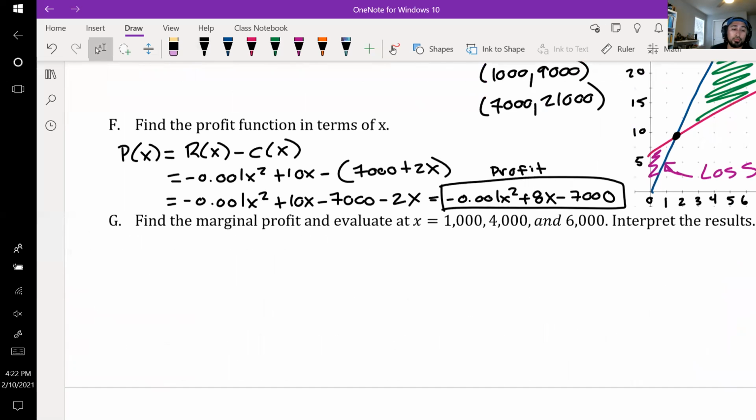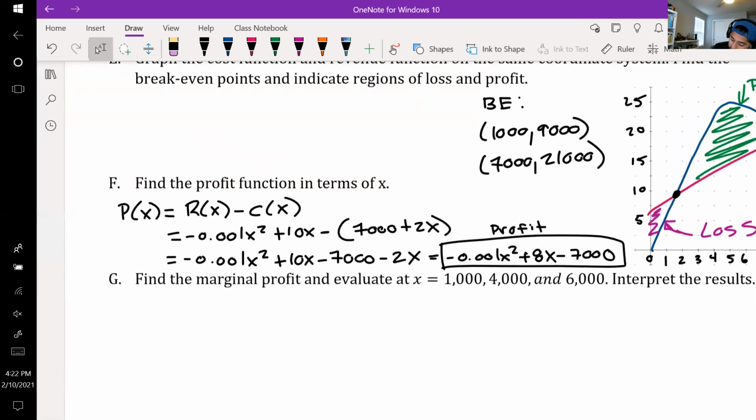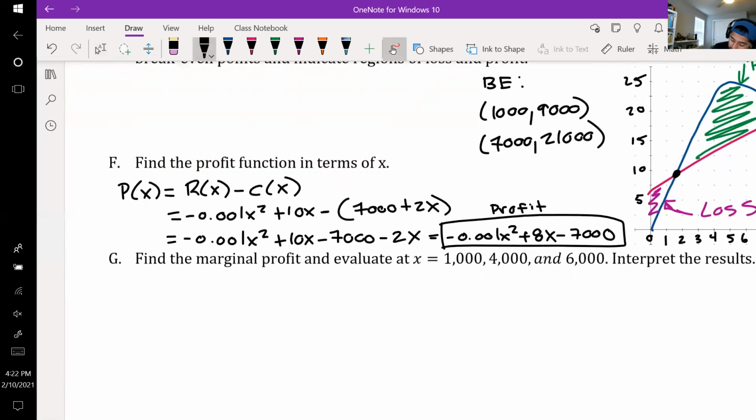And now, the very last question. Find the marginal profit. So take the derivative of the profit function and plug in 1,000, 4,000, and 6,000 and interpret the results. So looking at this, we're going to have P prime of x. And again, what is the derivative of negative 0.001x squared?